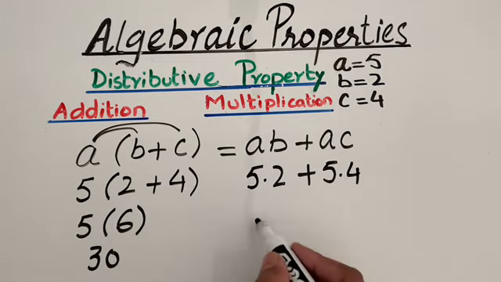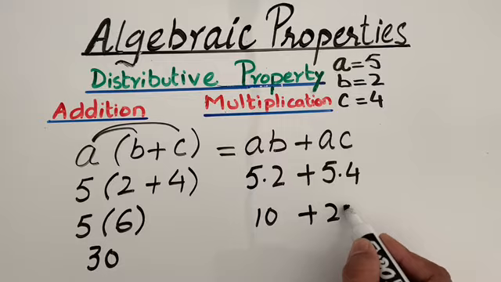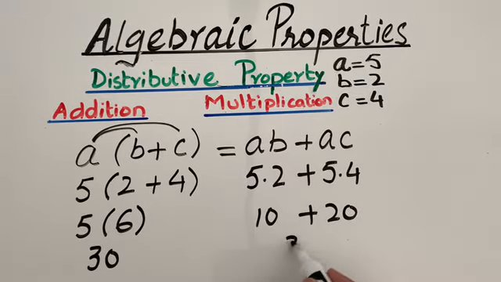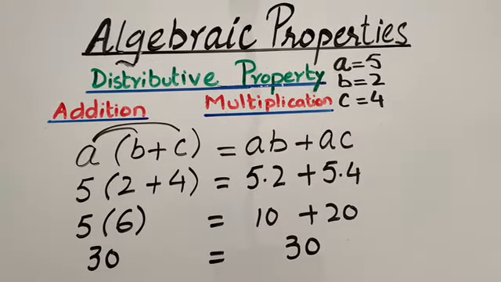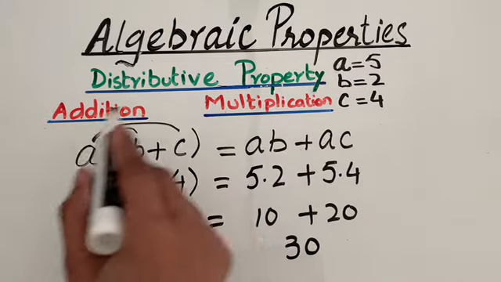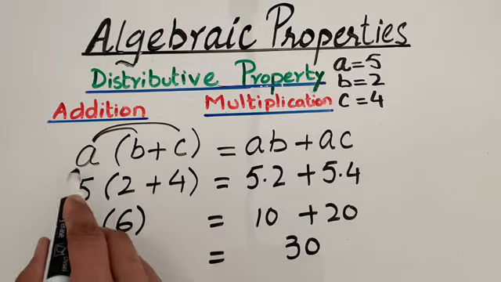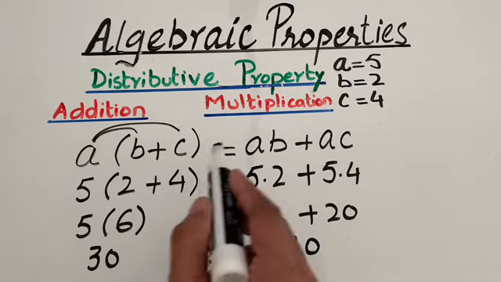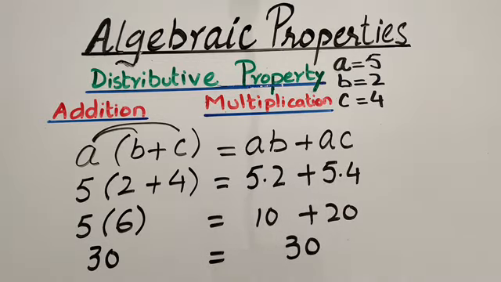So 5 times 2 is 10 and 5 times 4 is 20, and 10 plus 20 is 30. So this means that distributive property of multiplication and addition, because it combines both, says that A times the quantity of B plus C equals A times B plus A times C.